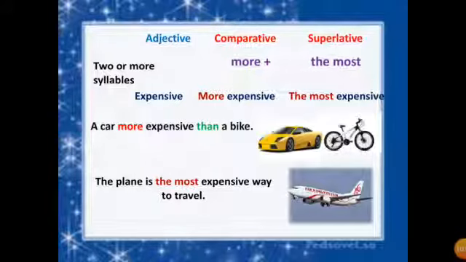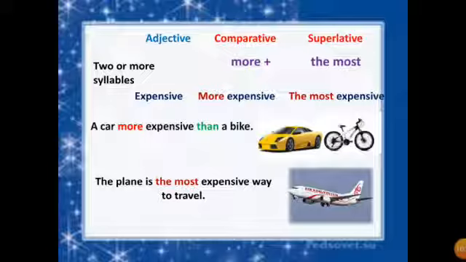For example, a car is more expensive than a bike. Expensive has three syllables.